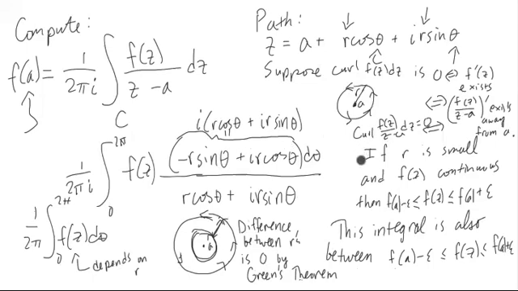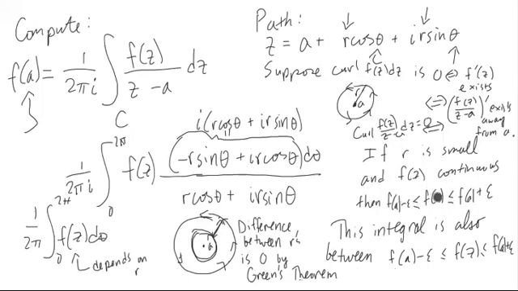Let's take a look at what happens if we choose a small r, and having that f of z is continuous, especially since it's differentiable, it'll be continuous. Then in particular, if you just have small variance of inputs, you have a small variance of outputs here.